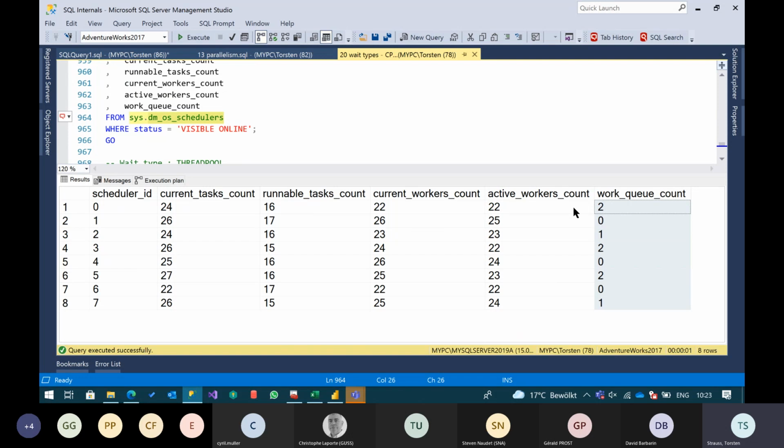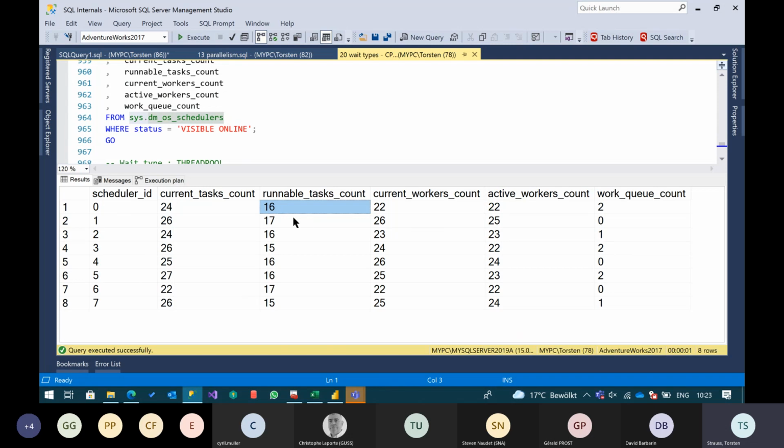we have a few columns. So first of all, the scheduler, and the scheduler is nothing else than the NUMA ID. There's NUMA, so we have 8 logical cores within my NUMA. This is the current tasks count. So these are the tasks which are currently looking for a thread within the scheduler. So these are the current or the runnable task count.